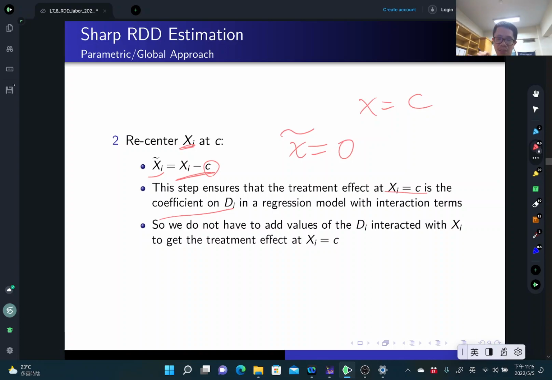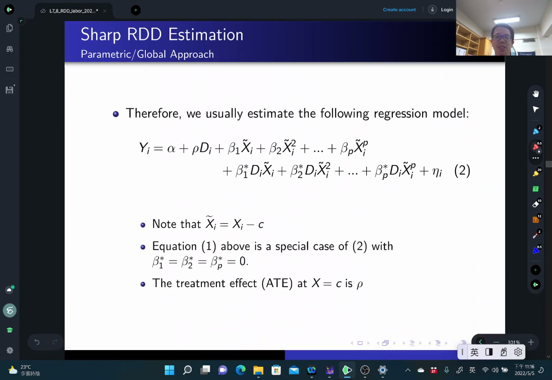And then the coefficient on the treatment variable will directly represent the discontinuity estimate in the outcome at the cutoff. Yeah, so later we will show that. Usually our regressor for the assignment variable is defined as x minus cutoff.